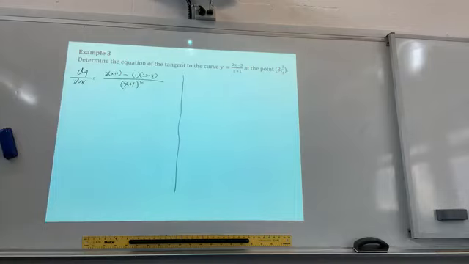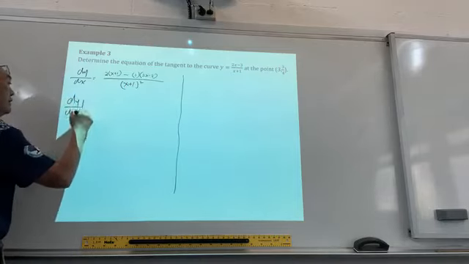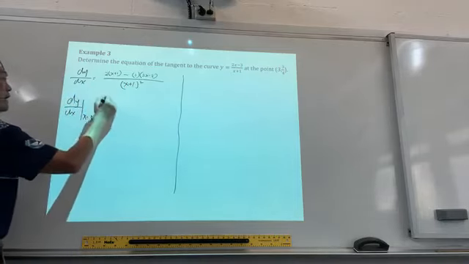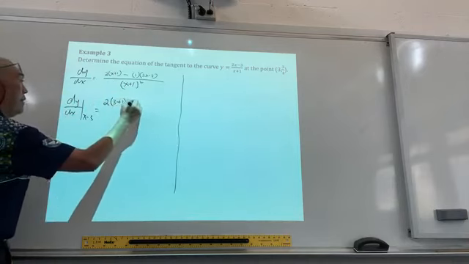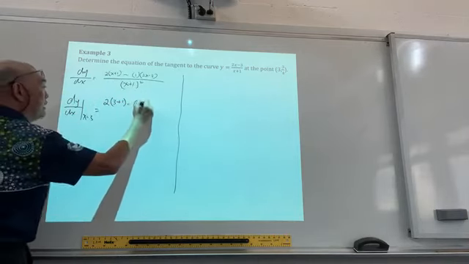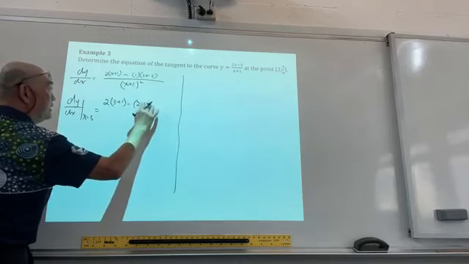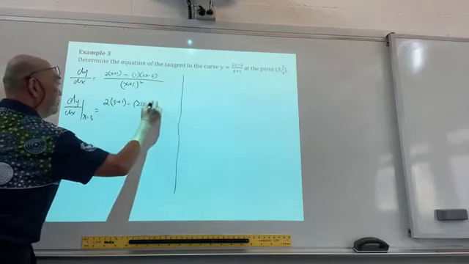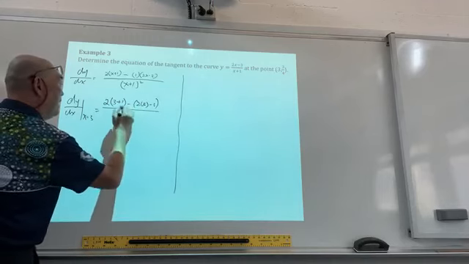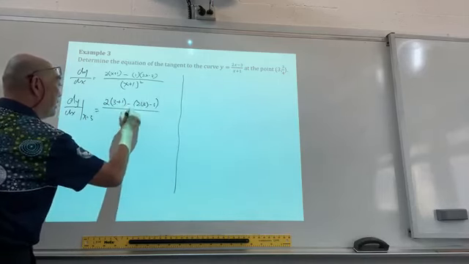Again, I'm going to stress, because you are not asked to simplify your derivative, do not do that. Just straight away substitute x equals 3 into dy/dx. This is 2 times 3 minus 2, times 3 plus 1, minus of course 1 times 3 squared minus 6 minus 3, divided by 3 plus 1 squared.